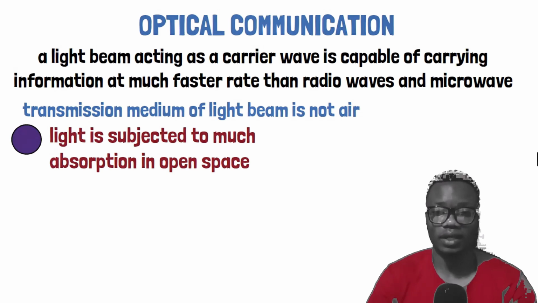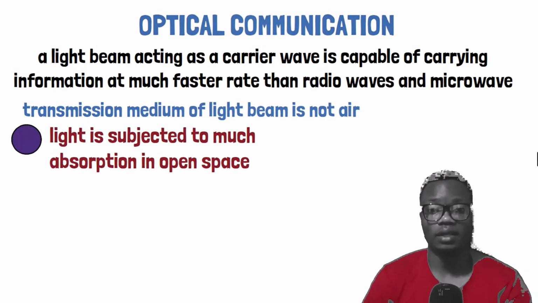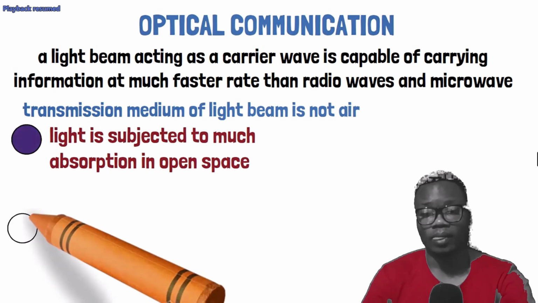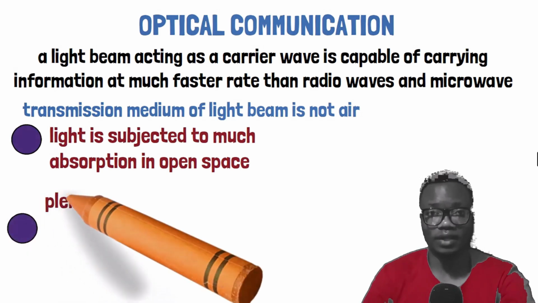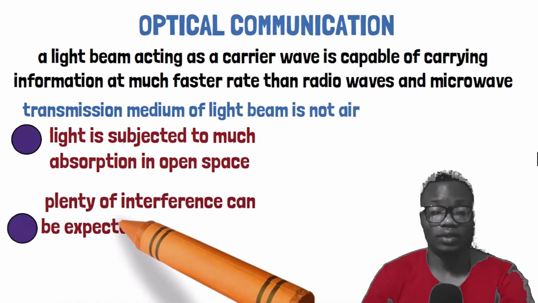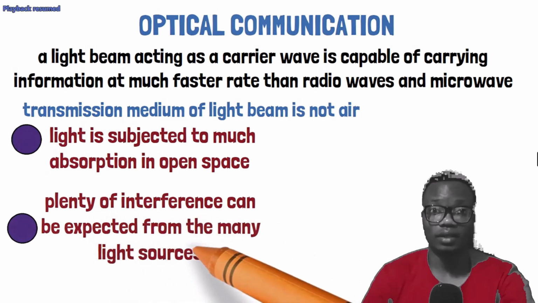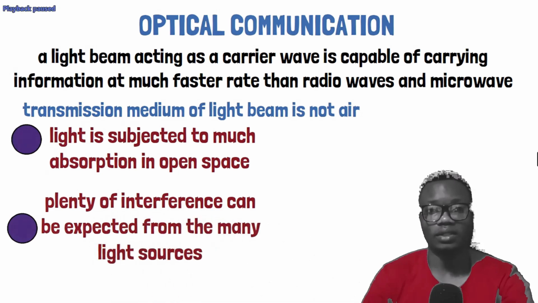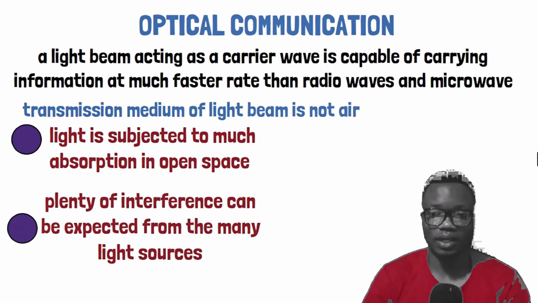That's why a light beam carries information, but its medium is not air, because of the fear of absorption of the light beam. But also there is a fear of interference. If it travelled through air, there could be interference with other light sources. That's why the transmission medium of a light beam is not air.